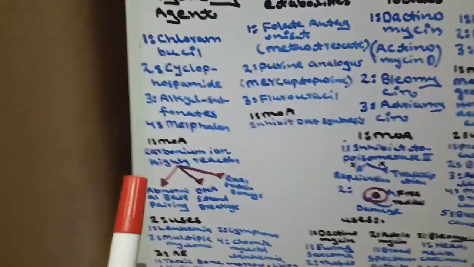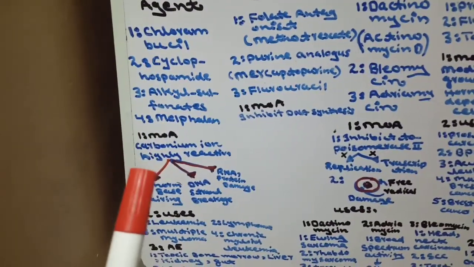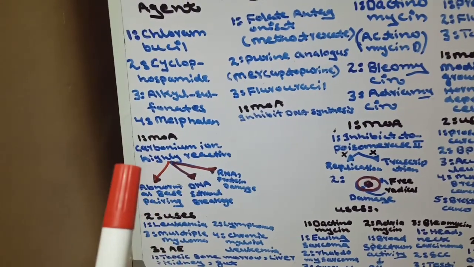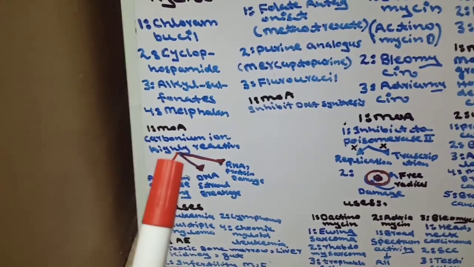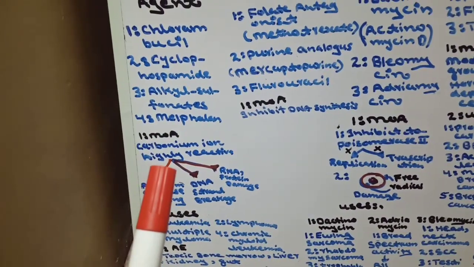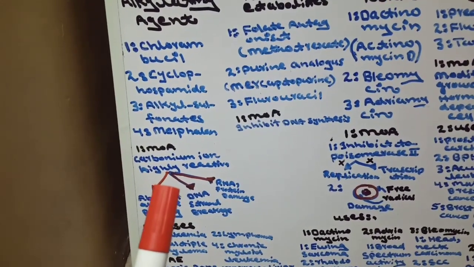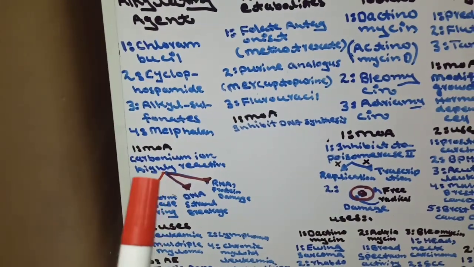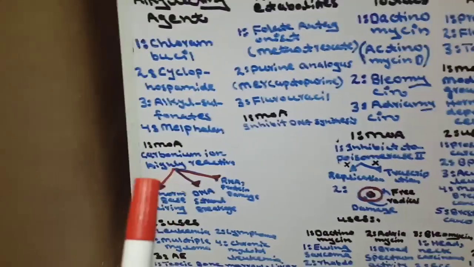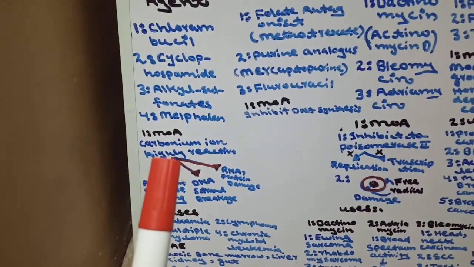Alkylating agent mechanism of action. The mechanism of action of alkylating agents is very simple. When we take an alkylating agent, it produces a highly reactive ion, the carbonium ion, in our body.